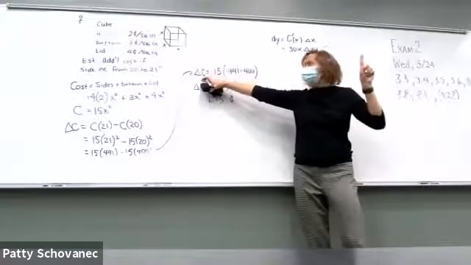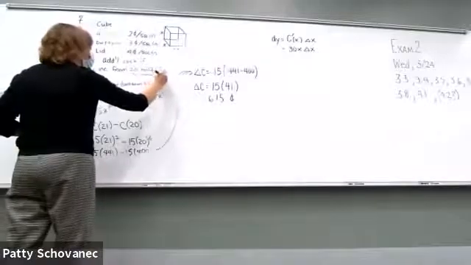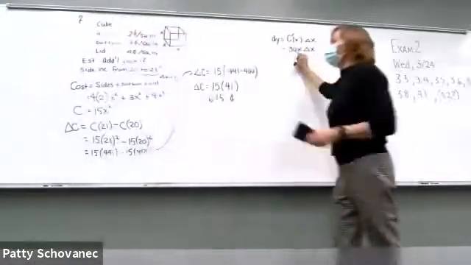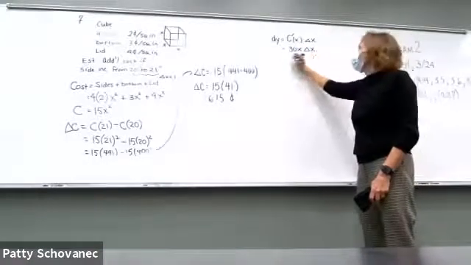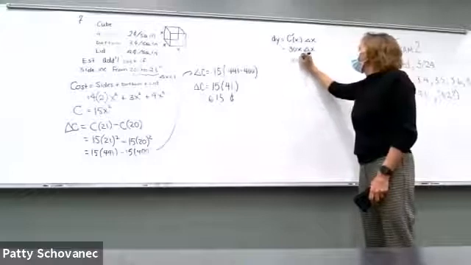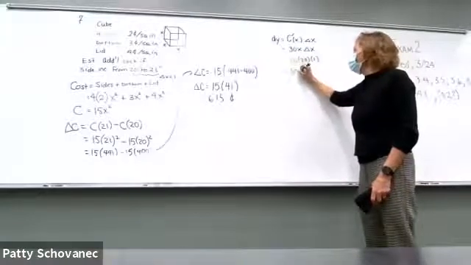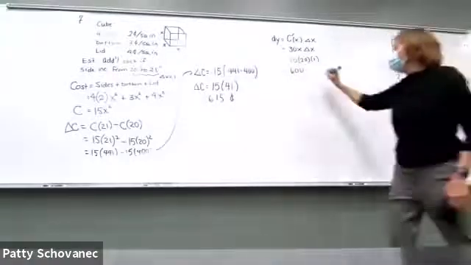Just 1, right? Delta x is just 1. So I put the nice number in here, that would be the 20, and then I put the 1 in for delta x. So it's 30 times 20 times 1. So that's so much easier, right? 600 cents is the approximation.